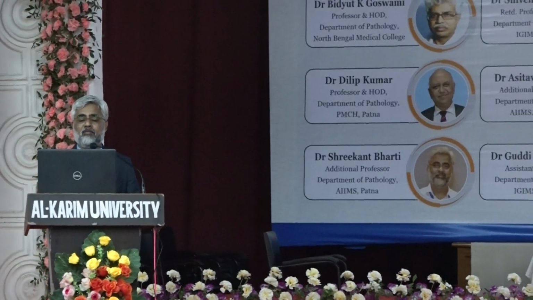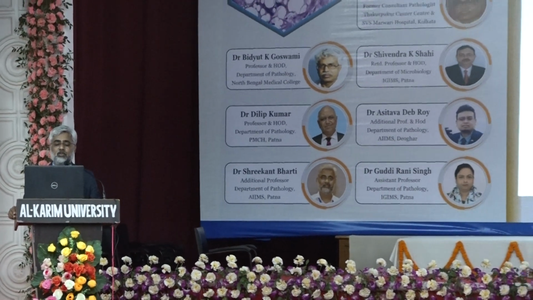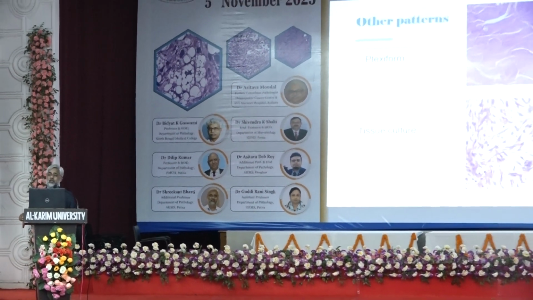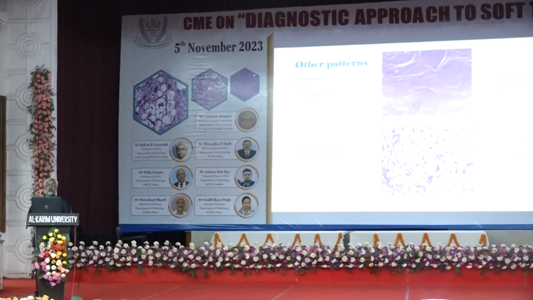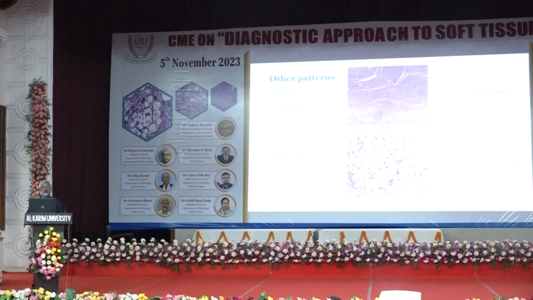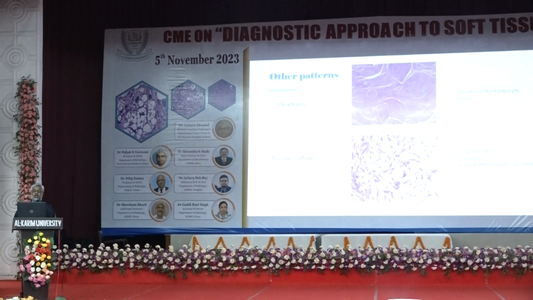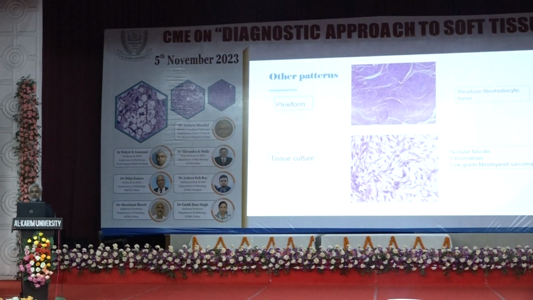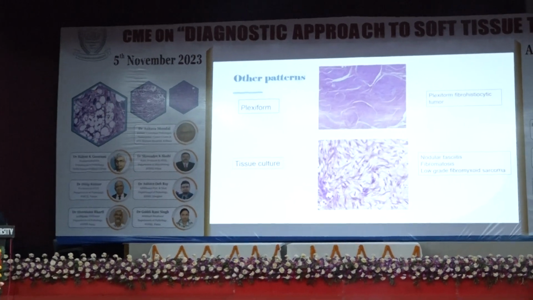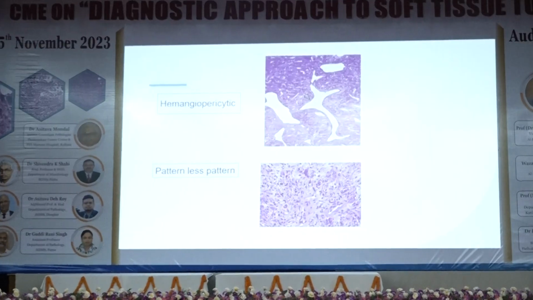You may have the same finding in plexiform histiocytic tumors, and you may also get a tissue culture like pattern. This will be clearly showing you sparsely separated, tissue culture like cells on a background of myxoid or edematous stroma. The differentials are nodular fasciitis, fibromatosis, and low-grade fibromyxoid sarcoma.